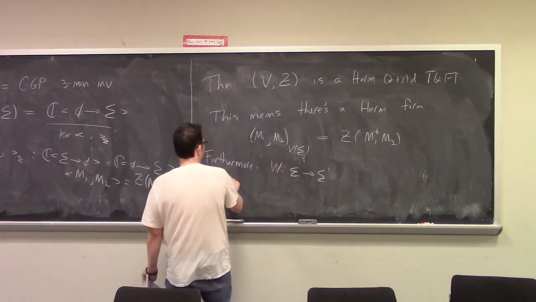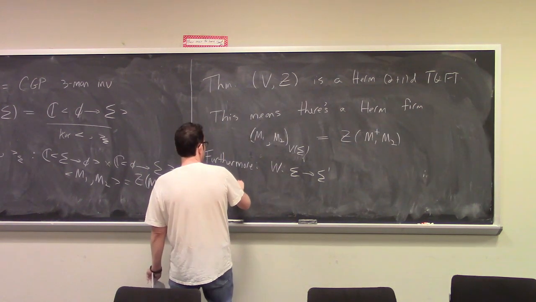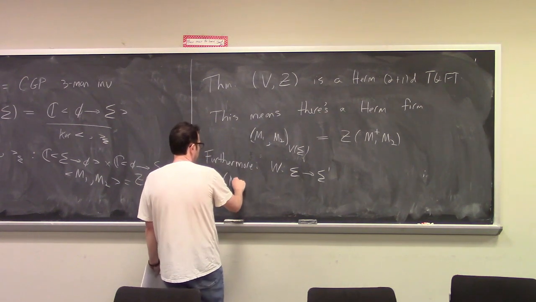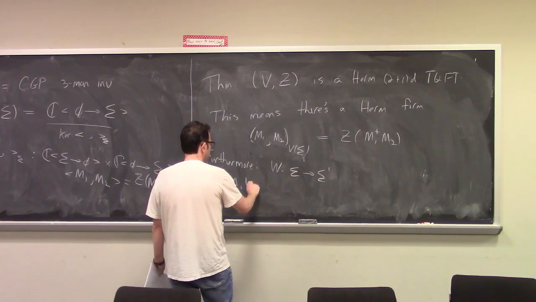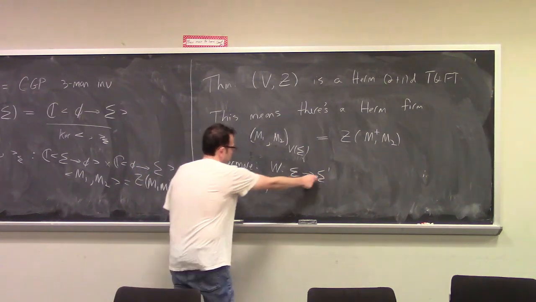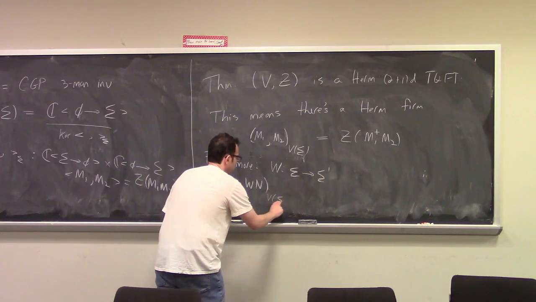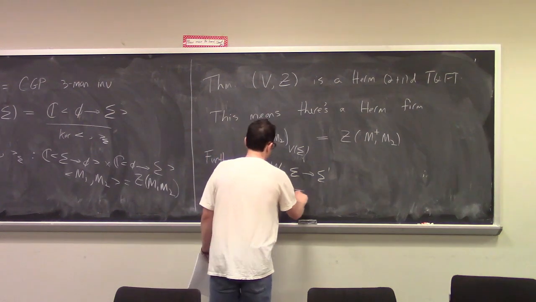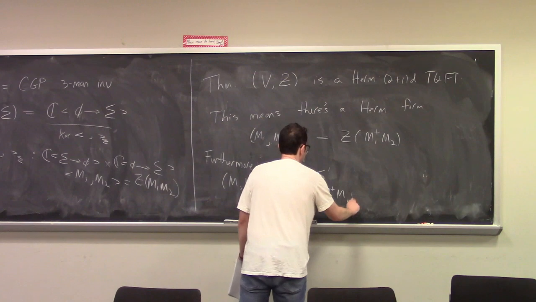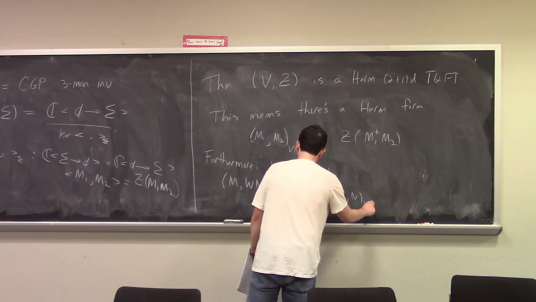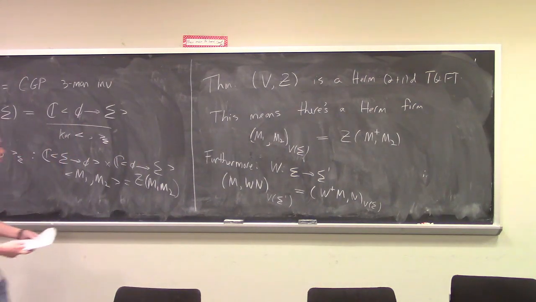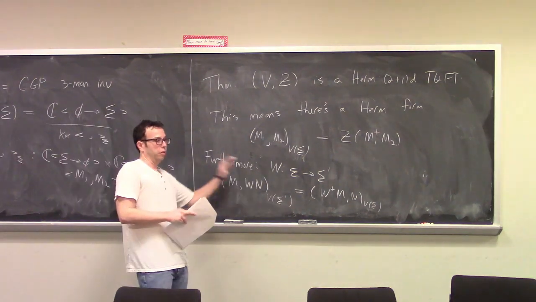And so we have that M, W, N, this is some bilinear pairing in V of sigma prime. This is the same thing as doing W dagger and N on V of sigma. So these cobordisms act as Hermitian operators, the Hermitian adjoint.